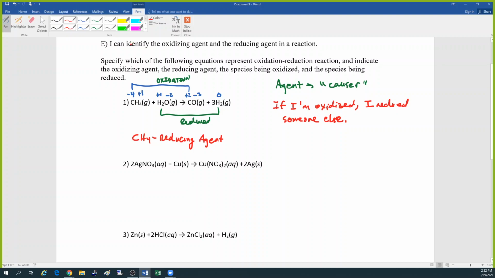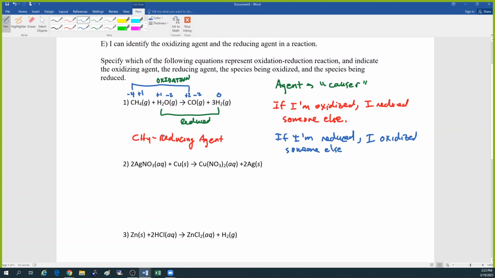And of course, by the same token, and I'll write it just to keep the notes complete, if I'm reduced, I love personifying chemicals, right? I oxidized someone else.